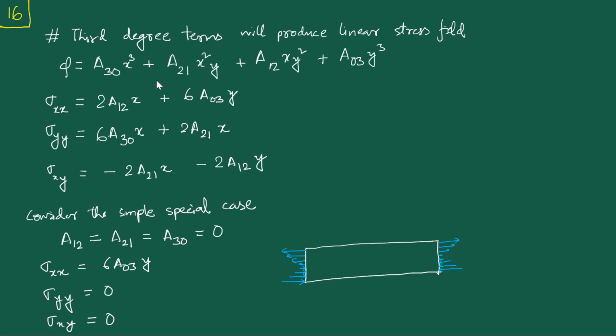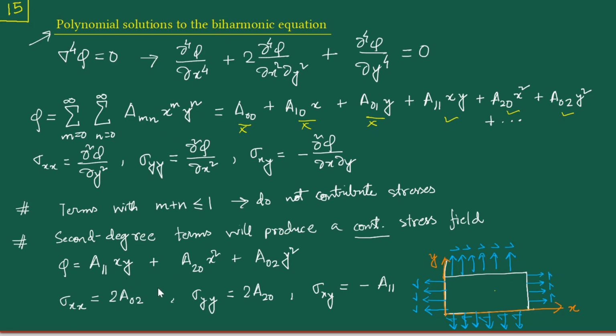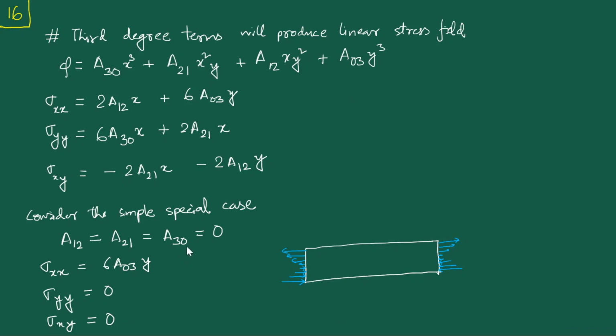Okay, it is actually a 0 equal to 0 form. That is because you don't have any terms which are higher than 3, because these are cubic terms. So also in the previous page when we considered the second degree terms, all of them are only up to degree 2. So when you substitute in the biharmonic equation which is up to fourth order derivatives, you have basically a 0 equal to 0 form, so it satisfies identically. However, if you take a fourth degree term or a fifth degree term, then you will have to find special conditions, okay, to satisfy this, and that is what we can write down.